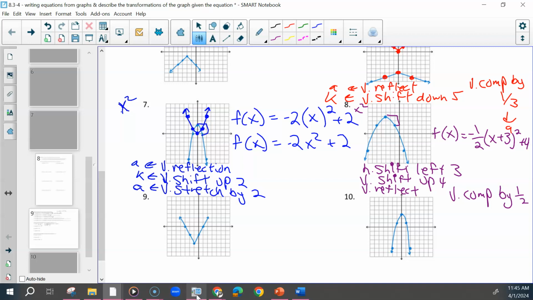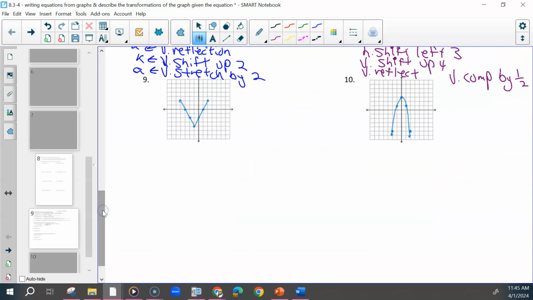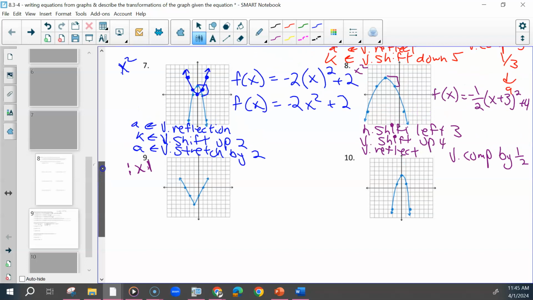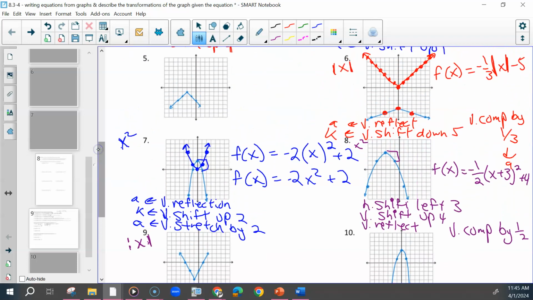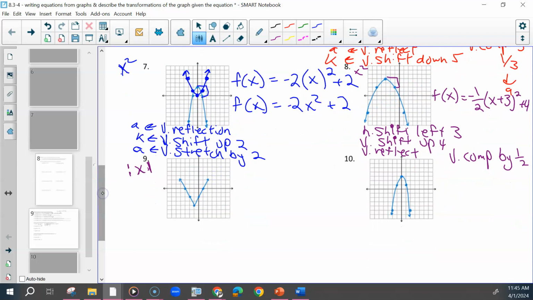Okay. And number 9. What function is that? Absolute value. Okay, think back to how we drew the original absolute value. I'm not going to redraw it again. What changed? Going to the left and then down.